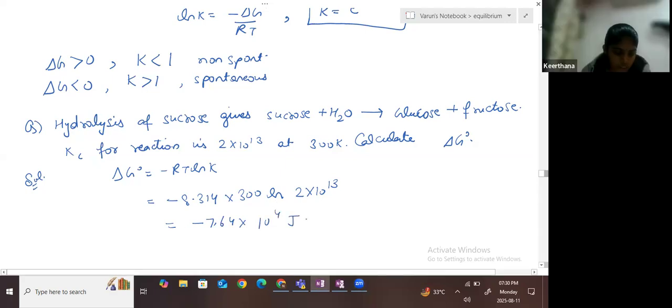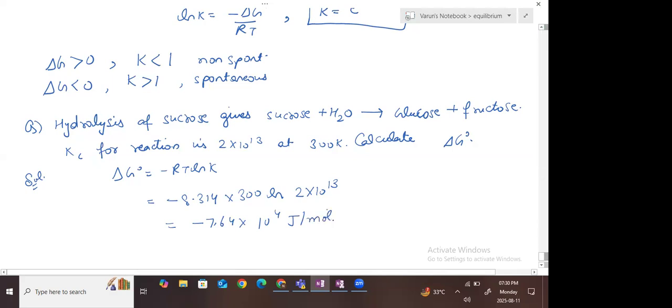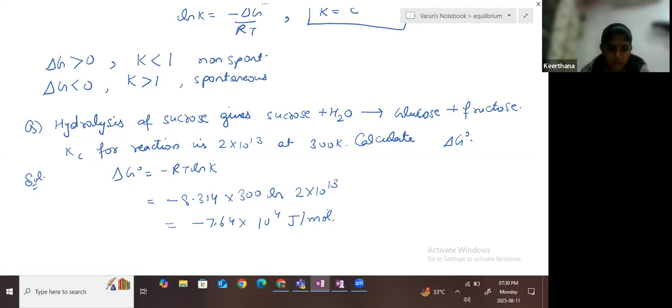Yes, ma'am. The R value I took as 0.08. No, bacha. Whenever it is mentioned that there is a pressure in bar, then you have to take 0.083. Otherwise, you have to take 8.314 always. Okay, ma'am.